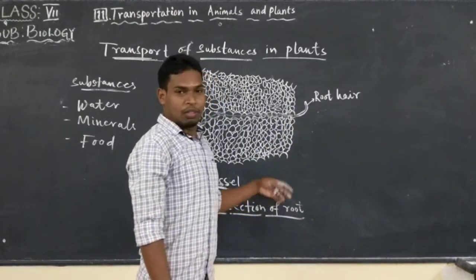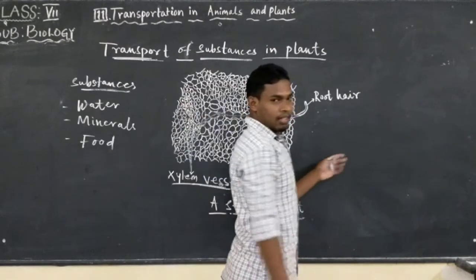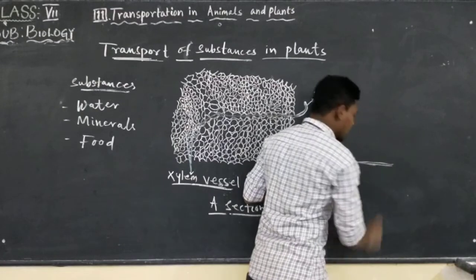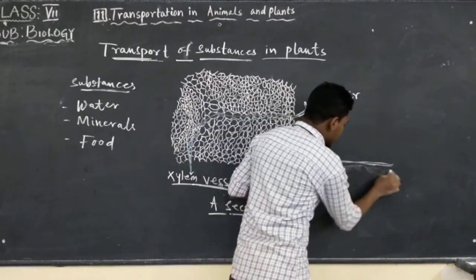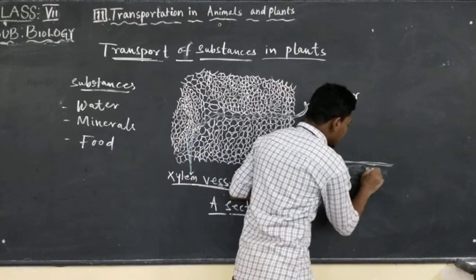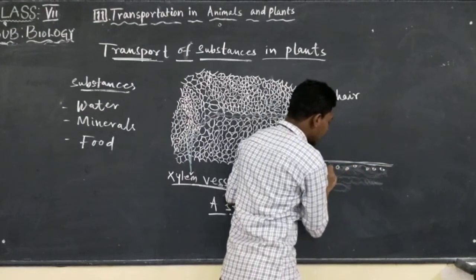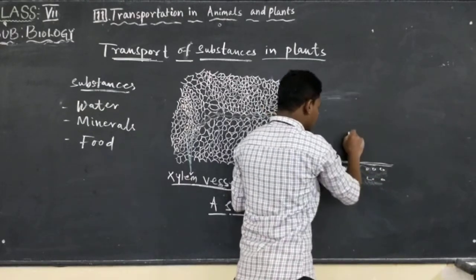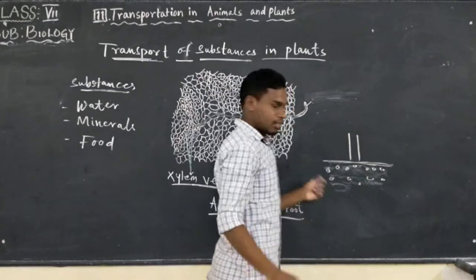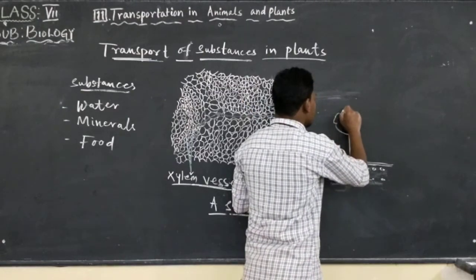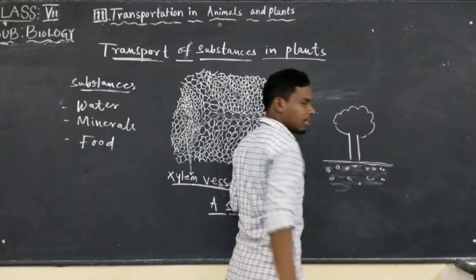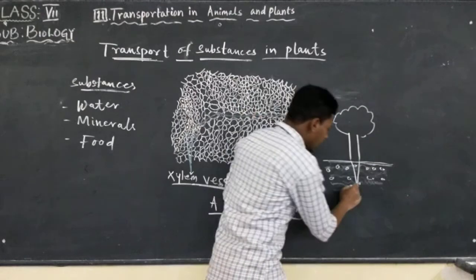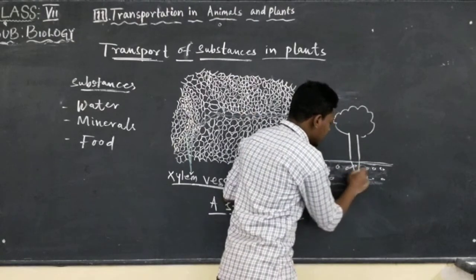To be more precise, here I am drawing a large diagram. This is the layer of soil, and we have soil particles. Here we can see a tree having leaves, and it has its roots beneath the soil. These roots have root hairs.